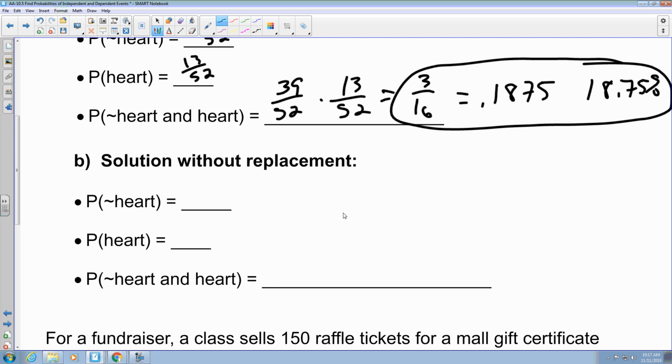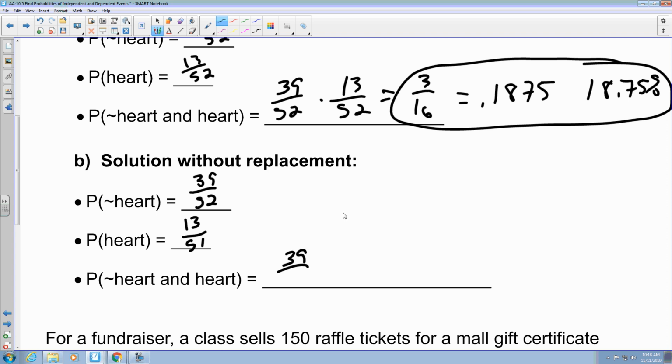All right, so if you have this solution without the replacement, the first one's still 39 out of 52, but now you have only 51 cards left, and the top is still going to be a heart because you're making the assumption you already selected a not heart for the first one.